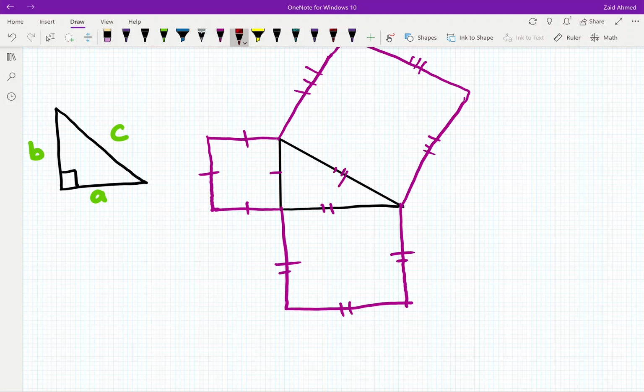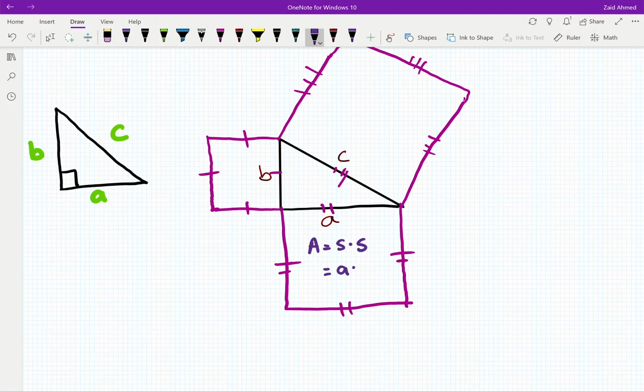Now that we have our squares, as we labeled over there, this is A, B, and C. What we then need to do is think of, well, how do we make the area of the square? We know that the area of a square is the side length times the side length.